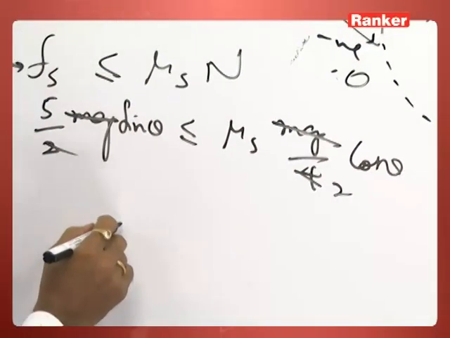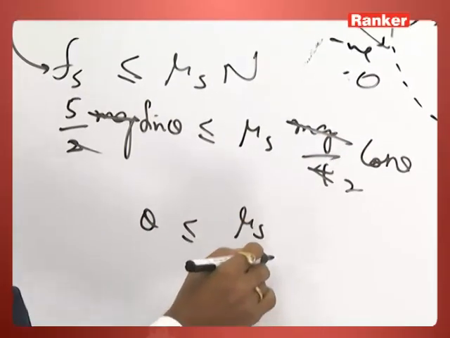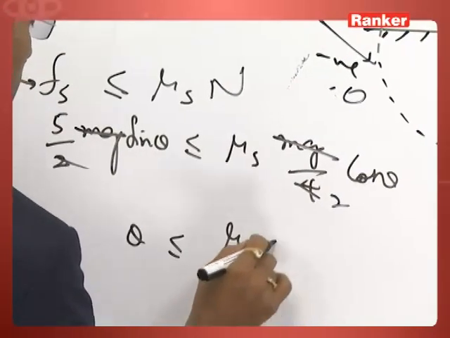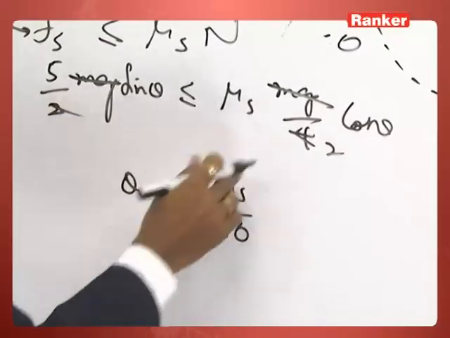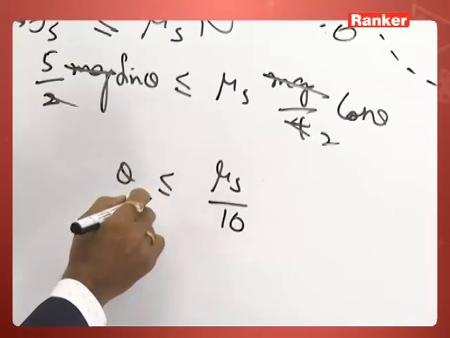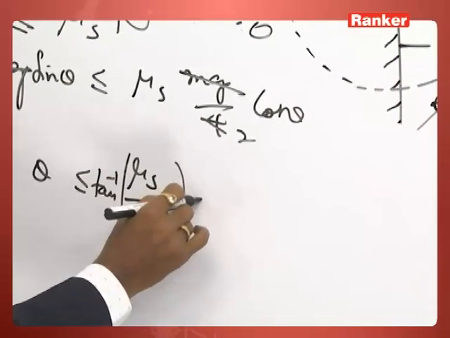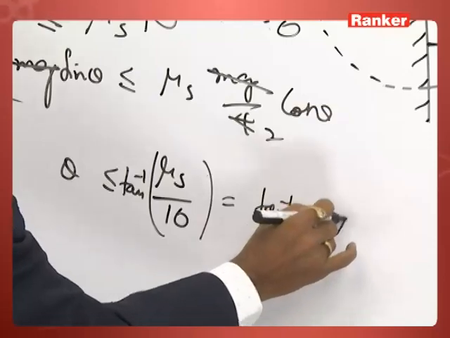So you are getting theta is less than or equal to tan inverse of mu s by 10, that is tan inverse 0.1 mu s.